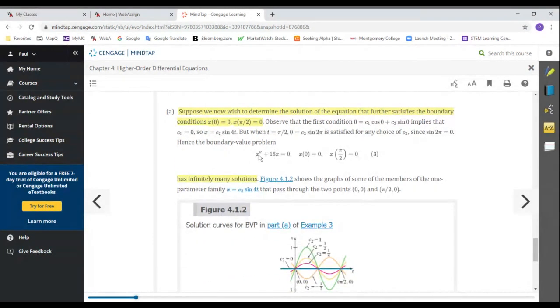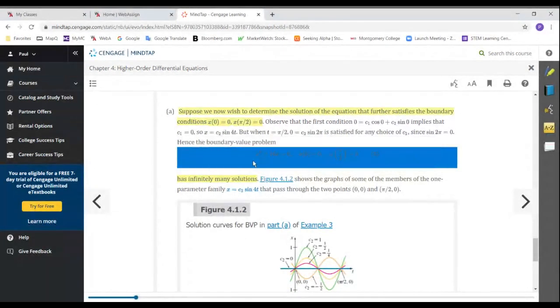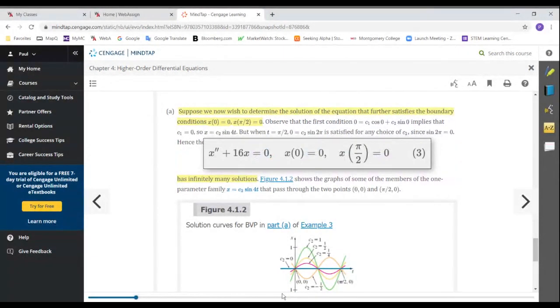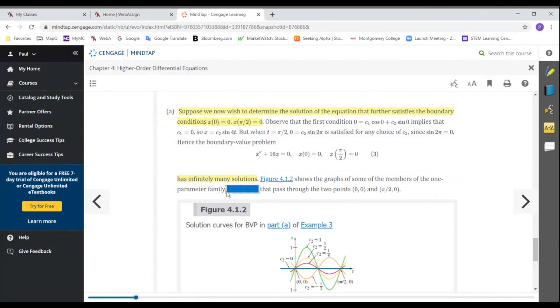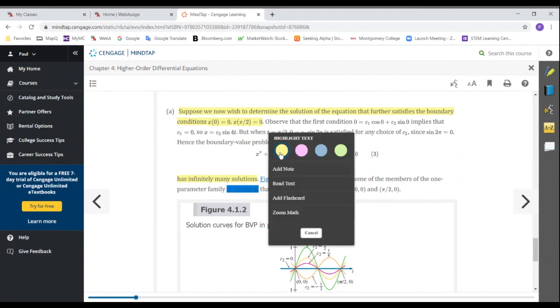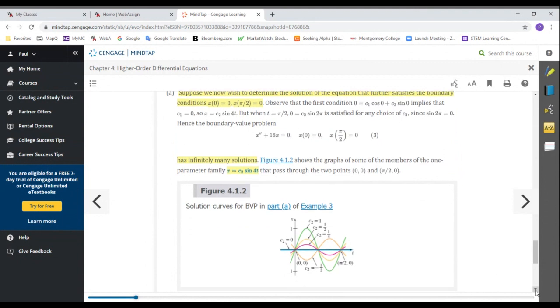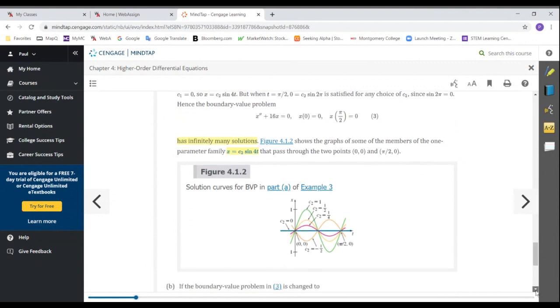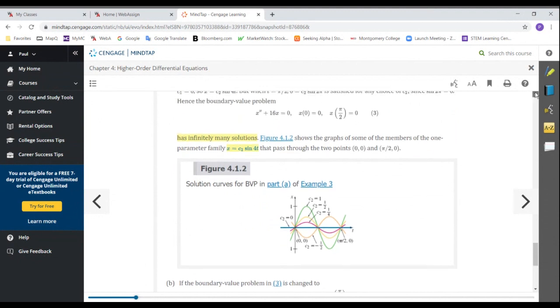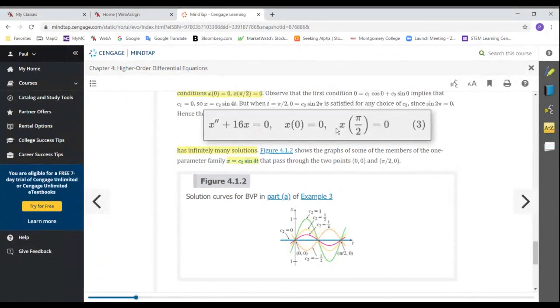And they're saying here that if we were to work this problem out, if we were to put in the conditions, then the family of solutions for this problem would be x equals c2 times the sine of 4t. So it's very easy to do. You've done this kind of thing before, putting conditions into the solution and solving for the parameters. And so what they're doing here is they're showing how many solution curves exist for this boundary value problem.